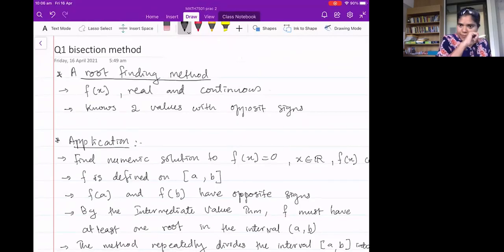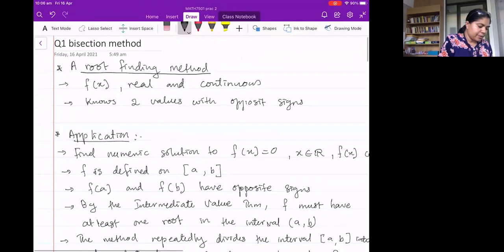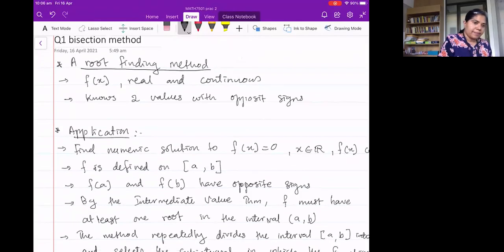Some of you may already know this, but let me go through the basics. The bisection method is a root finding method. There are many root finding algorithms, but the bisection method is a well-known and robust method.